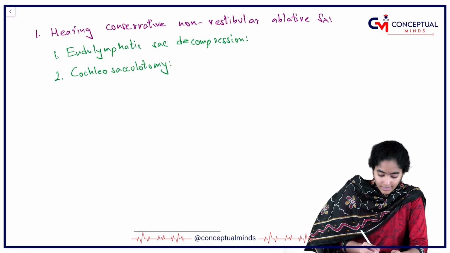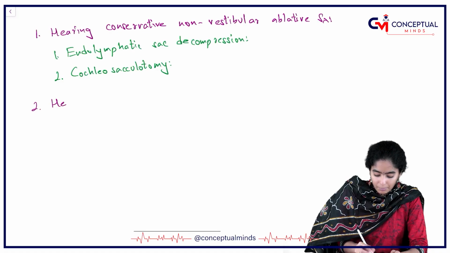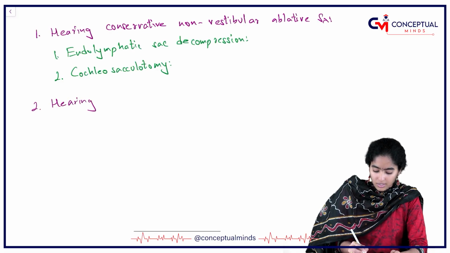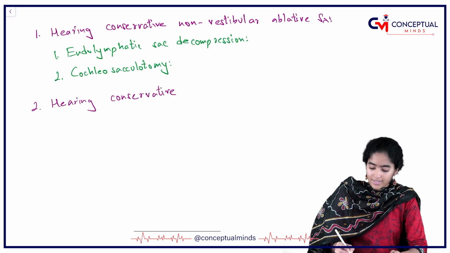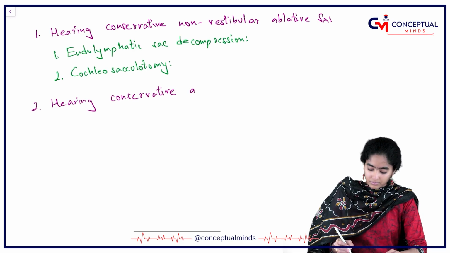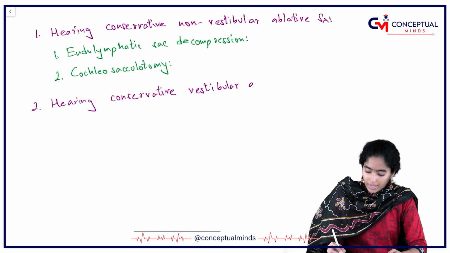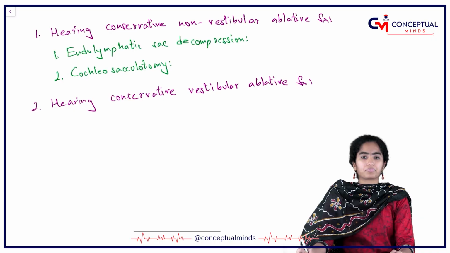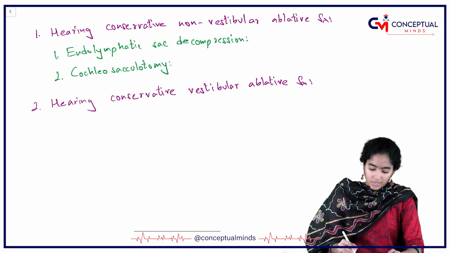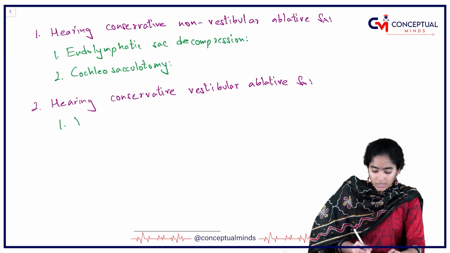In the next category we have ablative type of surgeries. These are also hearing conservative only. Hearing conservative vestibular ablative surgeries. First among them is vestibular neurectomy.